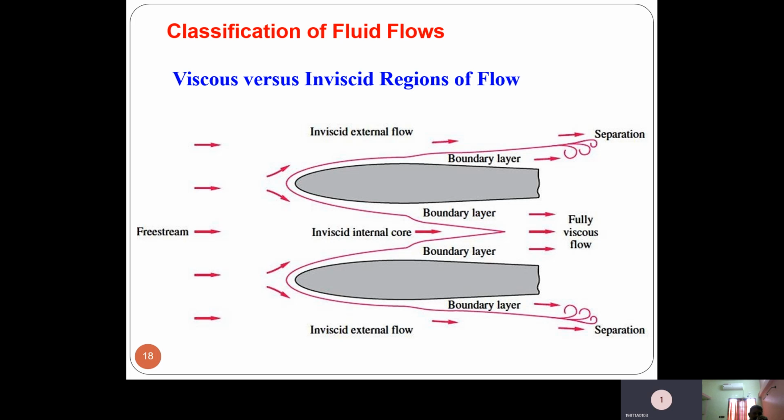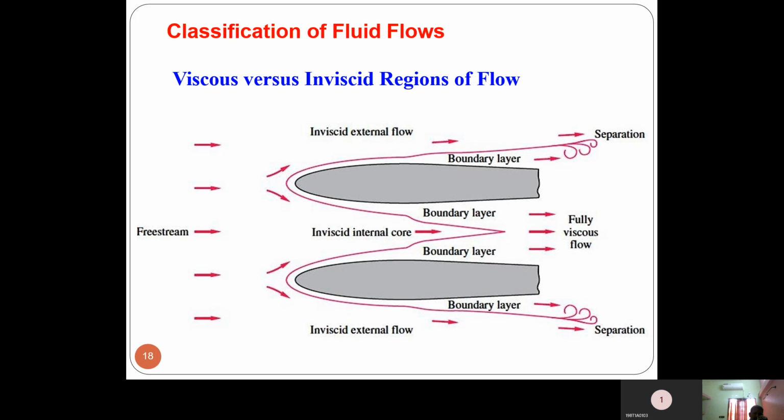That is why the flow inside the boundary layer is called fully viscous flow. And away from, or external to, this boundary layer, there is no friction at all. Sorry, viscous forces are negligible. That is why this flow is called inviscid external flow. This is also inviscid external flow.